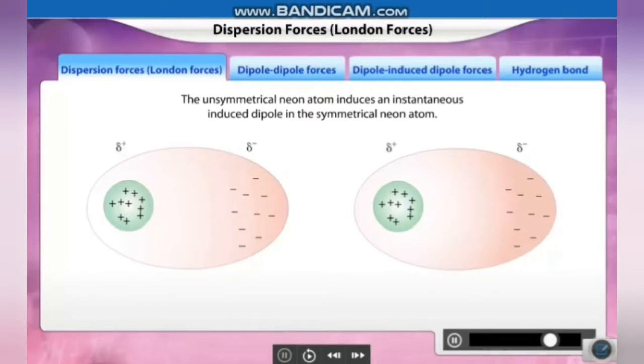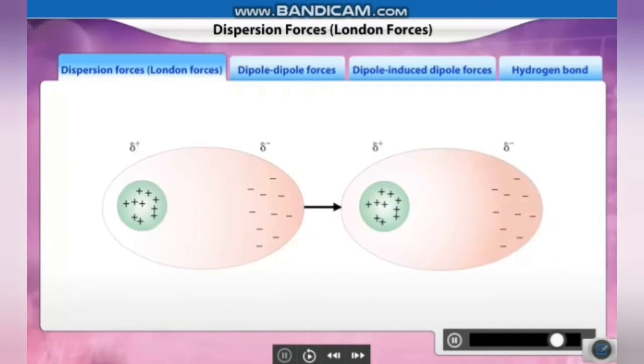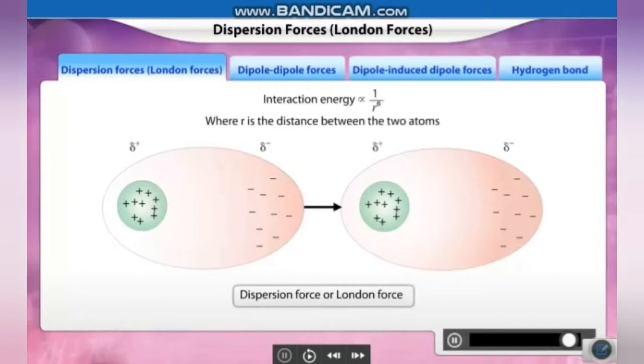So this atom induces an instantaneous induced dipole in the symmetrical neon atom. These forces are called dispersion forces or London forces. The interaction energy among these molecules is inversely proportional to the sixth power of the distance between the two atoms.